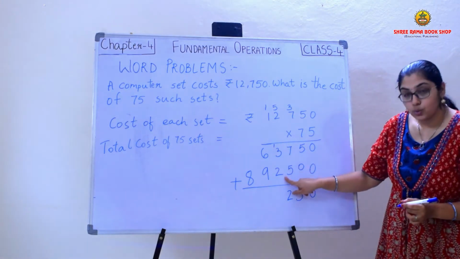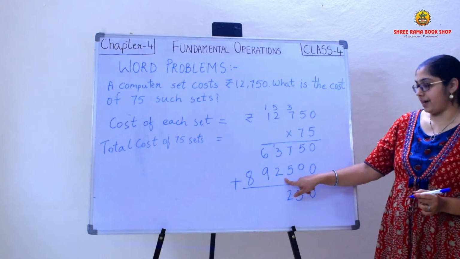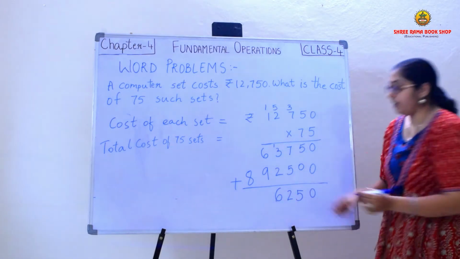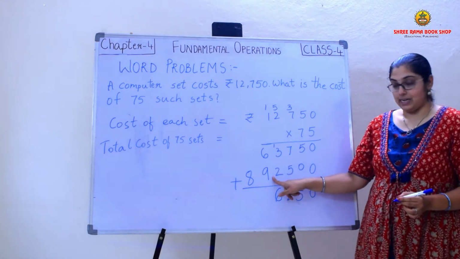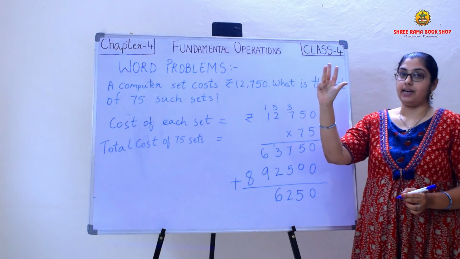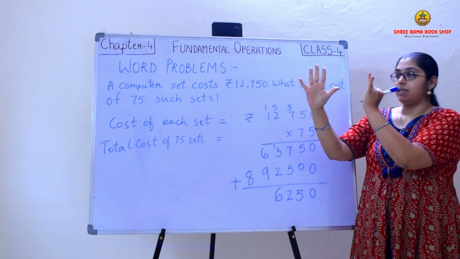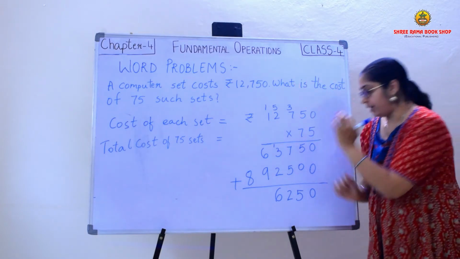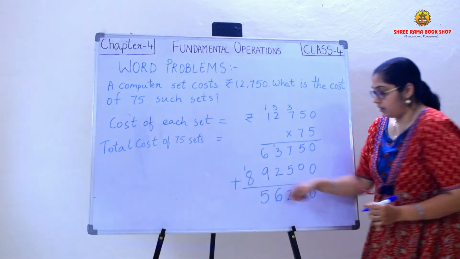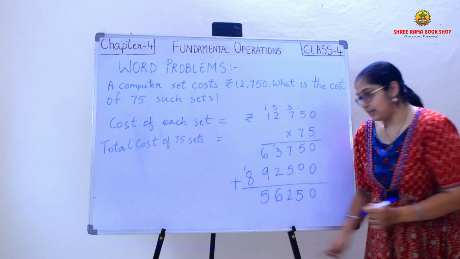Now 3 plus 2, how much is it, children? It is 5. 5 plus 1, 6. Right? Now 6 plus 9, after 6, 7, 8, 9, 10, 11, 12, 13, 14, 15. Right? So 5 and 1 carry over here. Now 8 plus 1 is 9.